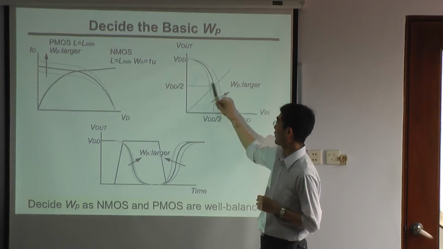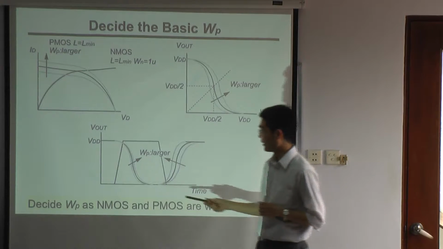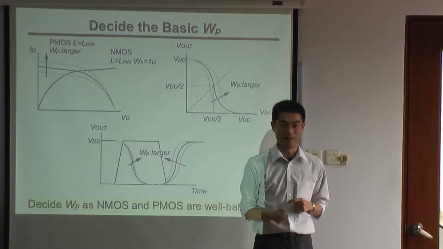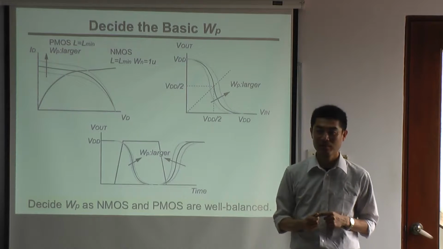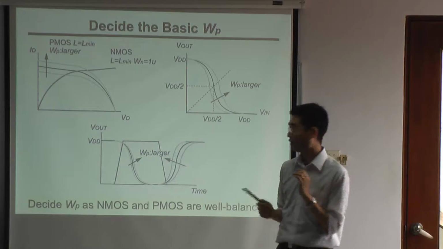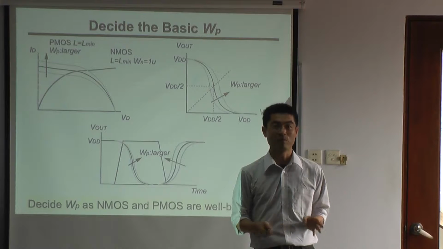And the logical threshold is right, and the falling time and rising time are the same. That is ideal. So we will adjust the size of PMOS in order to have these matched performances for NMOS and PMOS.